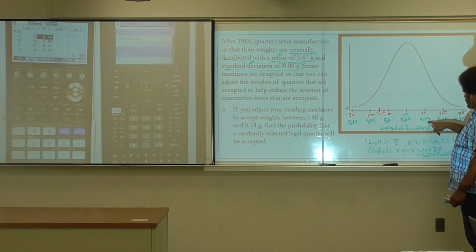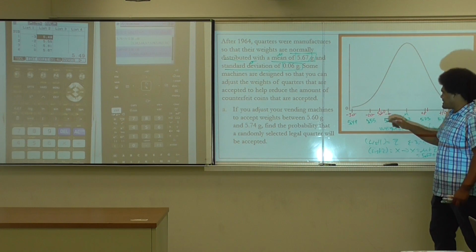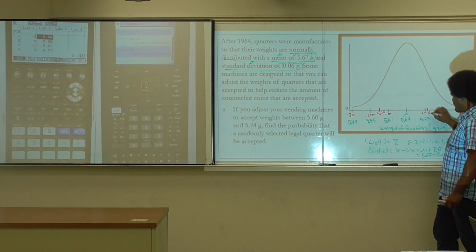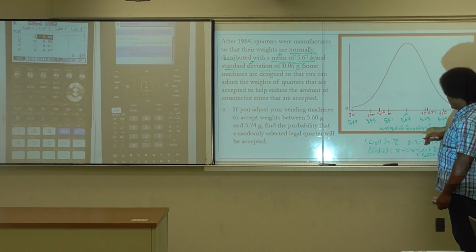So 5.73, 5.79. So it's definitely in this range over here. It might be this close to right there. So what we're definitely seeing is in this range, 5.74. Okay. And the other things you can be grabbing yourselves, drawing yourselves, putting it in the right spot. We'll guesstimate where it's at.